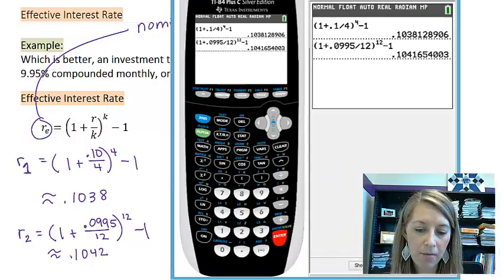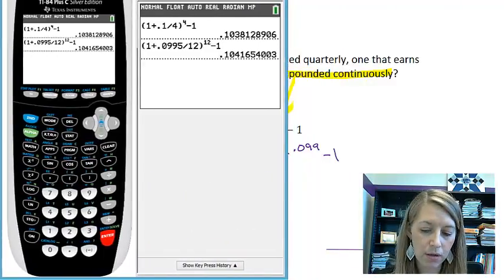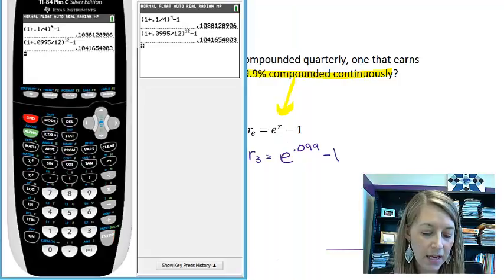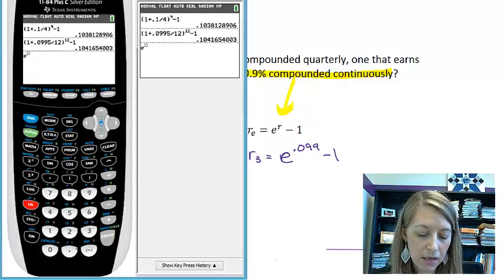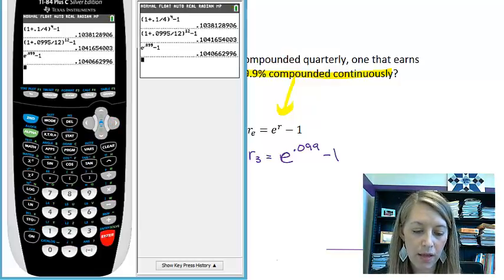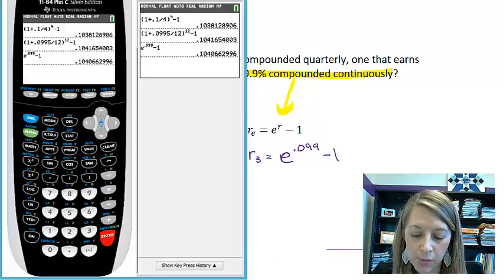And now let me look at my continuous one. That calculation is e to the 0.099, minus 1. And so the nominal rate there is 0.1041 if I were to round to the fourth decimal place.